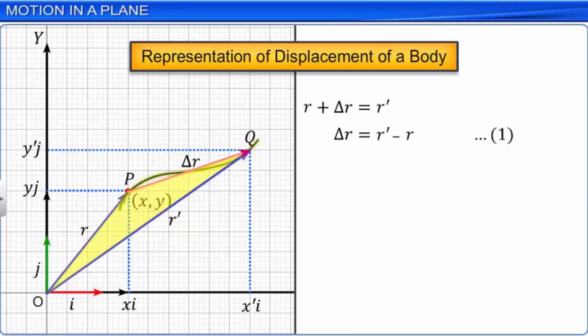We can write equation 1 in a component form as delta r is equal to x dash i plus y dash j minus xi plus yj, which is equal to (x dash minus x) i plus (y dash minus y) j.